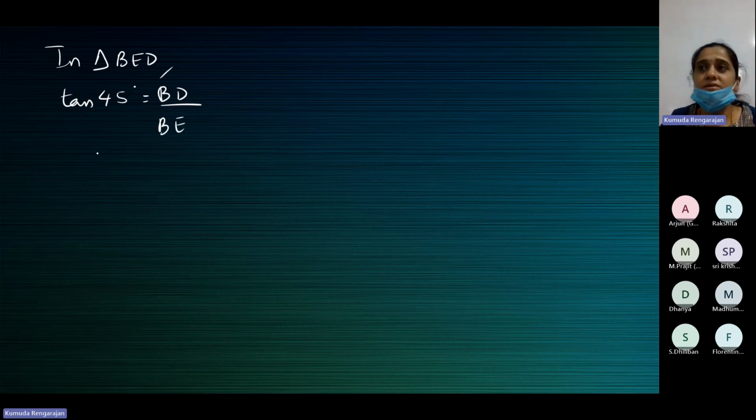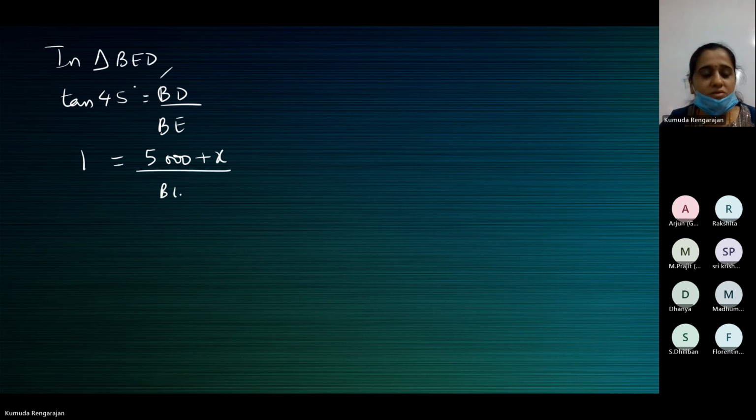What is tan 45? 1. And BD, we all found together, is 5000 plus X. BE we don't know. So on cross multiplying, BE is equal to 5000 plus X.